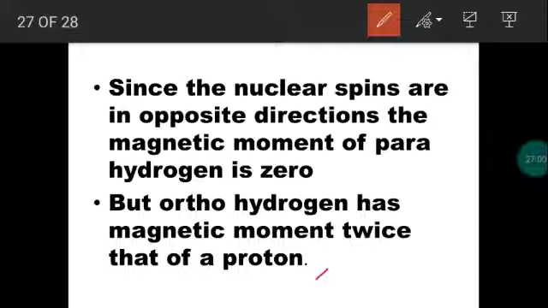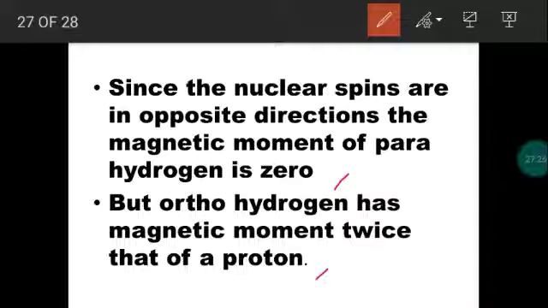Now consider the molecule. This is called an orthohydrogen molecule. The nuclei of both the hydrogen atoms of this molecule are spinning in the same direction. What about magnetic moment? Definitely the magnetic moment will be twice that of a single hydrogen. So what is given here? Orthohydrogen has a magnetic moment twice that of a proton.